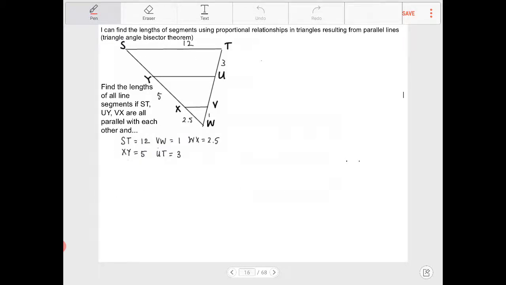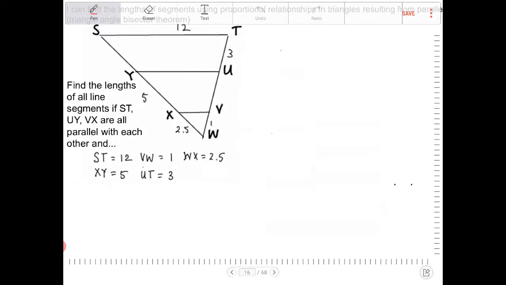Okay, pause the video here to see if you can figure this out. Hopefully you had some time to think about this, so let's go over it. This question is set up prime for us to use the side-splitter theorem. Based on the diagram here, I recognize that UY and VX are parallel, and as well as ST. So all these sides here are parallel.